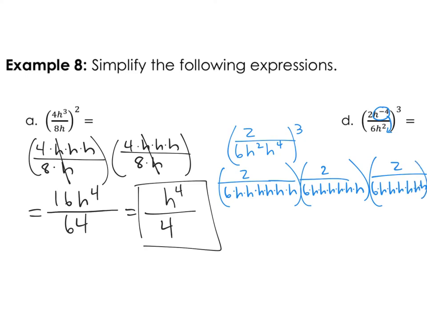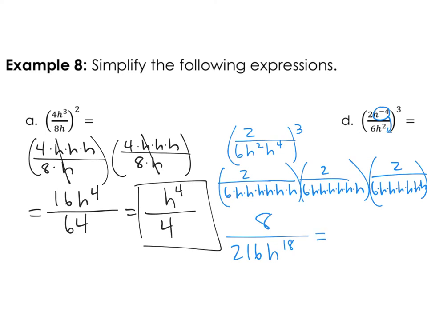So on top, we have a 2 times 2 times 2, which is going to give me positive 8. And on bottom, actually, I'm going to give myself a little more room. On bottom, we have a 6 times 6 times 6, which in our calculator would give us 216. And we had, if you count them all up, 18 h's.